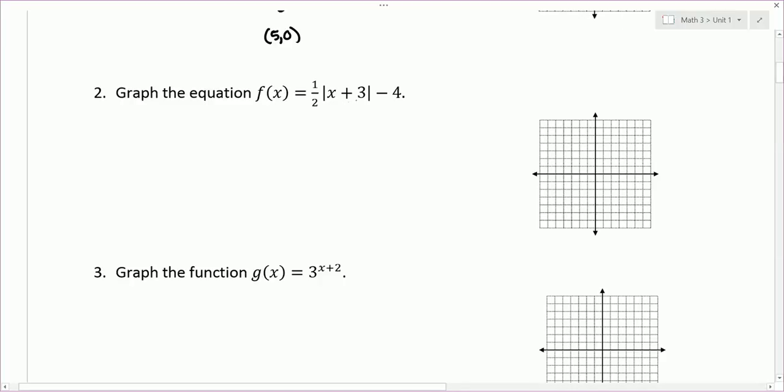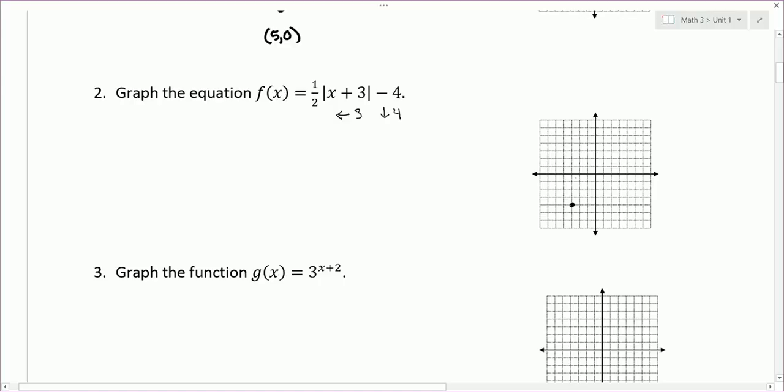So that plus 3 inside the absolute value is going to translate the parent graph left 3. And that minus 4 tagged on at the end is going to translate the parent graph down 4. So from 0, 0, I'm going to move left 3 down 4 to get my first point.